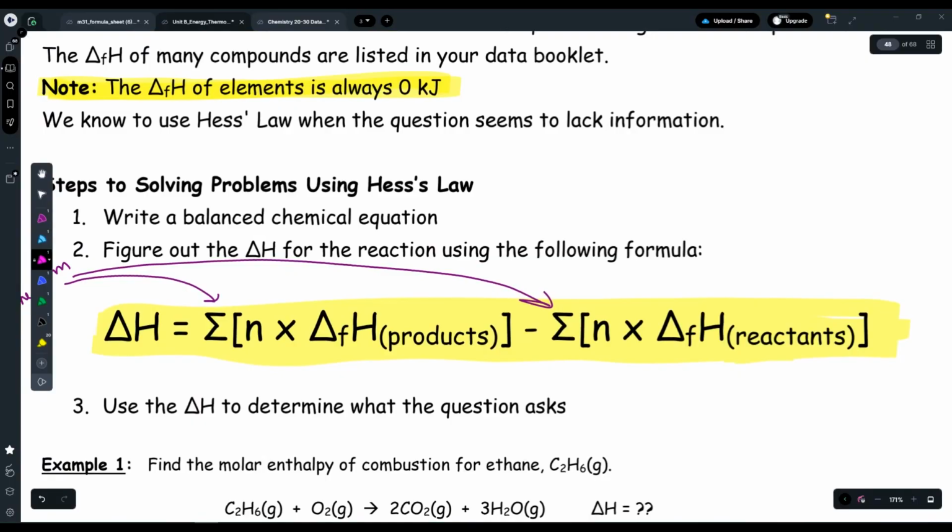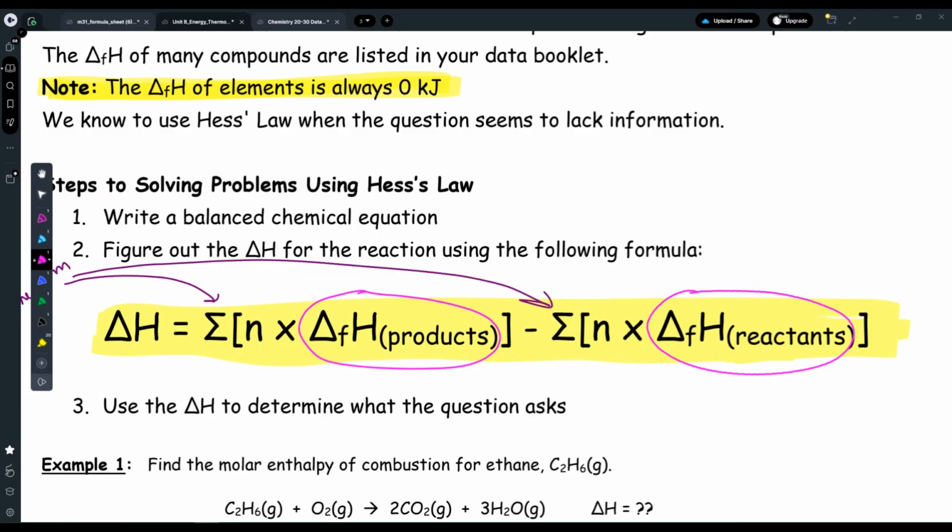And for these other pieces, you're going to find these numbers in your data booklet. This comes from pages 4 and 5 of your data booklet.